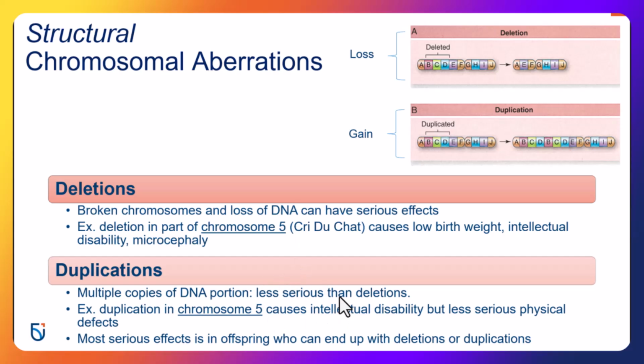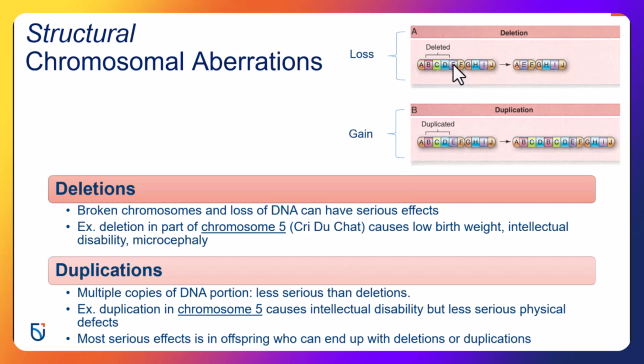So we talked about this before, that it's better to have more than less. I did want to mention that with duplications, while you may see overall less serious effects, it can be problematic then with this person affected by duplications to then have offspring who can end up themselves with deletions or duplications.